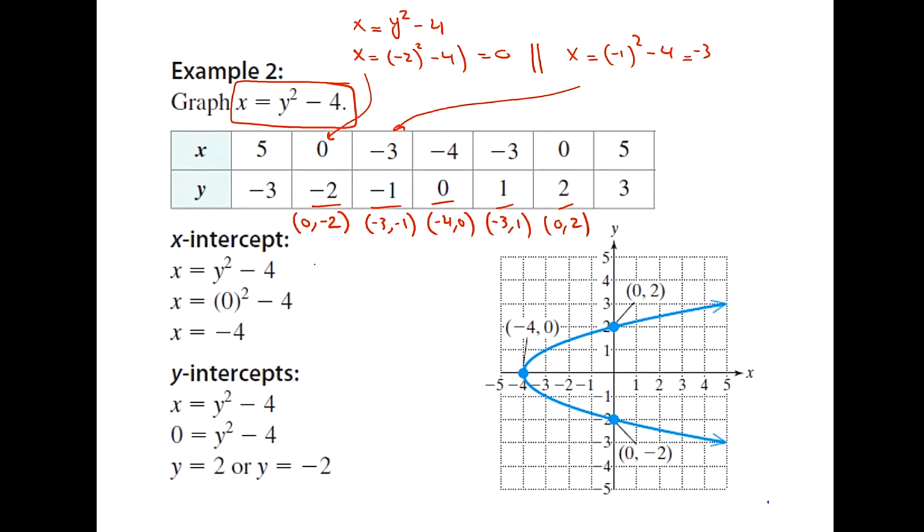Look at this, for example, the first point is minus 4, 0. We have another, minus 3 and minus 1, here. Minus 3 and 1 here. And 0 and 2, 0 and minus 2.